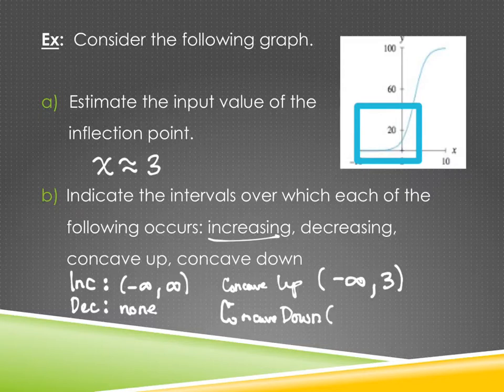And where is it concave down? 3 to infinity. It would be that portion of the curve, roughly, right? 3 to infinity. Any questions on that one?